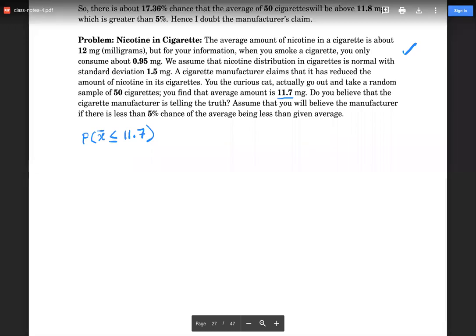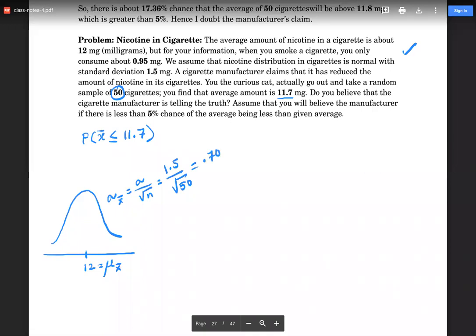All right. So mu is 12, and that's mu sub x bar, which is equal to mu, and sigma sub x bar is equal to sigma over square root of n, which is sigma is 1.5 divided by square root of 50, because we are considering a sample size of 50, that is 0.0707.